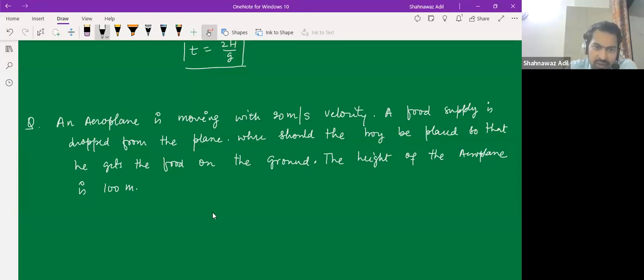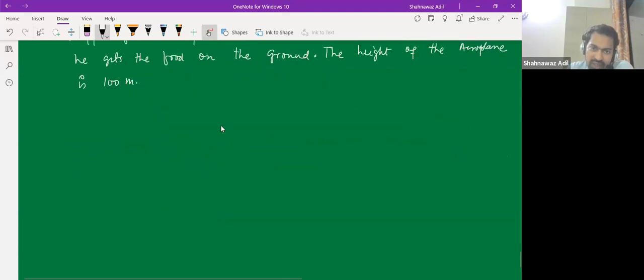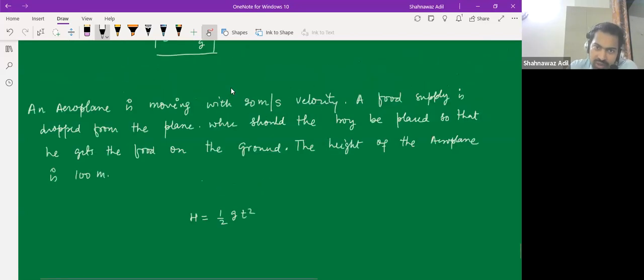So what do we know? We know that h is half gt square, so let me write it as 200 meters.